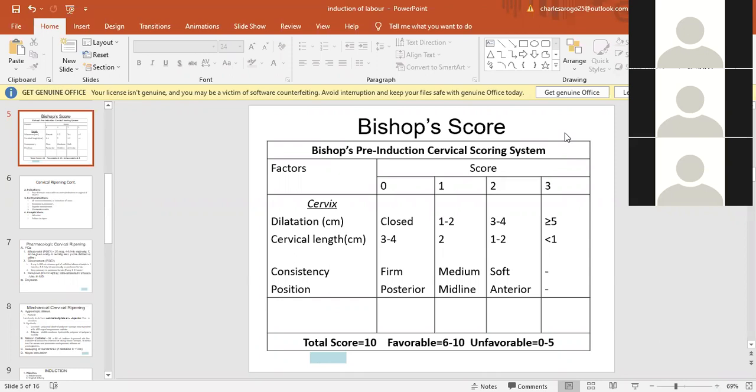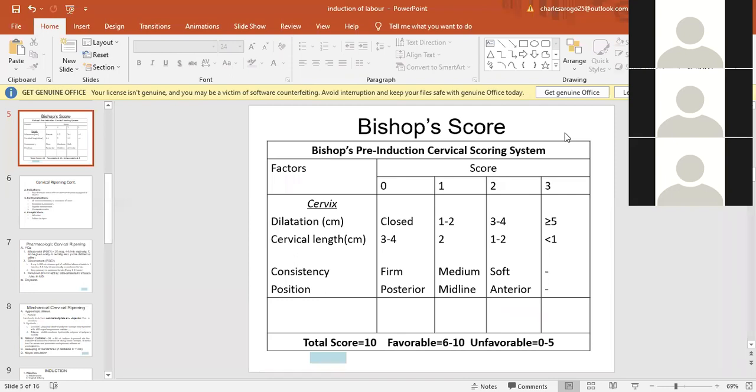So you have to be extremely clear in your mind, what are you doing? Are you trying to ripen the cervix, in which case the improvement towards a better score is your objective and your outcome measure? But if you are doing an induction, then the outcome is delivery. And those two things are different. You have to keep your mind wrapped around that.